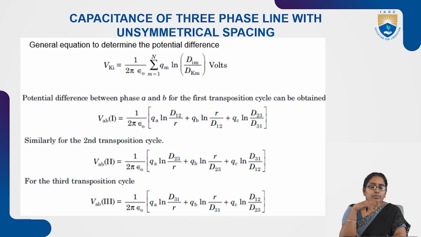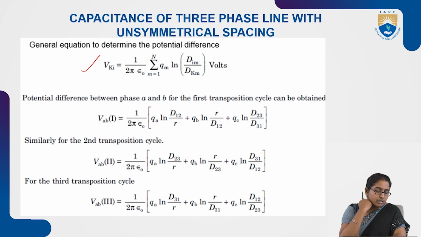Then, using that, we finally give the expression for capacitance. So, to write the potential difference equation, again consider the expression in a group of conductors, the voltage or potential difference between the ith and kth conductor. That is the expression as we know, because just now we have seen that.